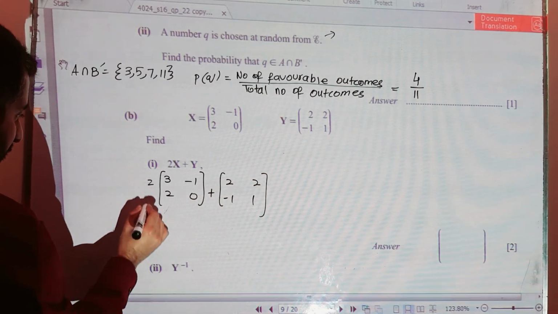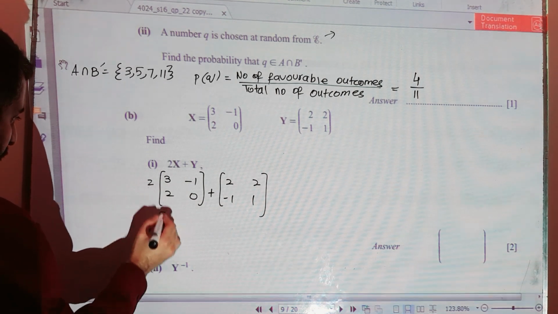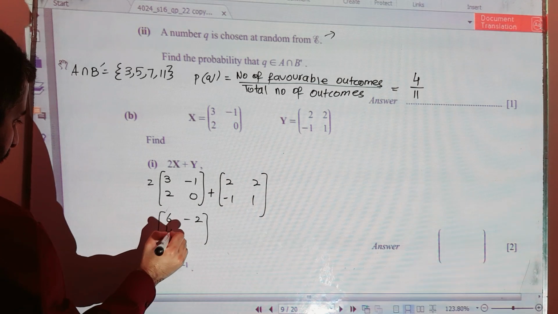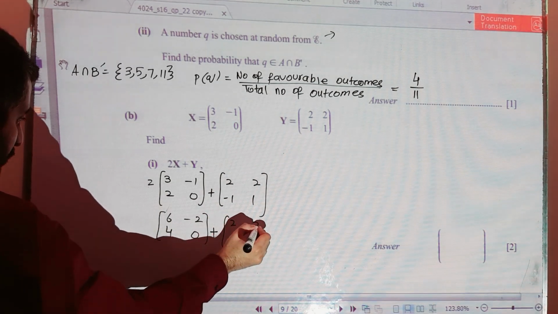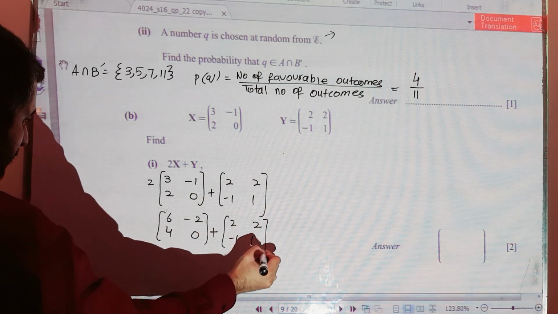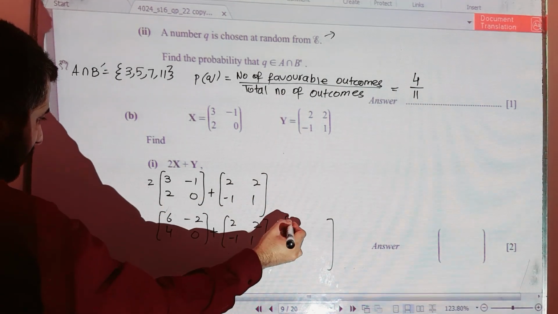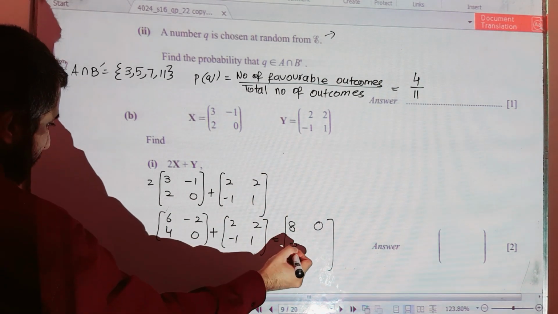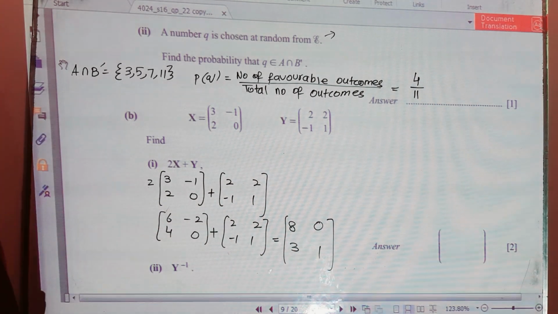First of all, you need to multiply this. 2 will be multiplied with all these elements. 2 into 3 is 6, 2 into minus 1 is minus 2, 2 into 2 is 4, 2 into 0 is 0, plus 2, 2, minus 1, 1. Just add the corresponding entries: 6 plus 2 is 8, minus 2 plus 2 is 0, 4 minus 1 is 3, 0 plus 1 is 1. So 8, 0, 3, 1 will be the answer.